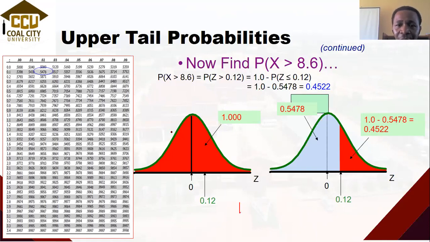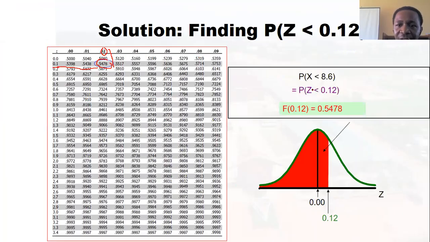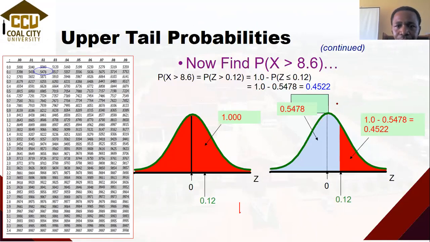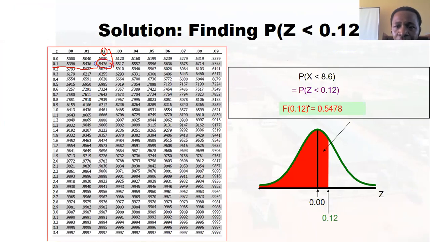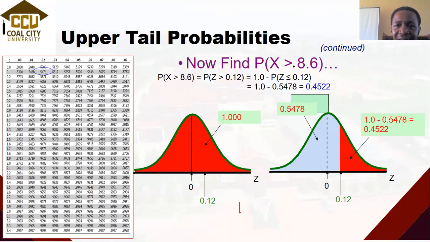and before now, we solved when it is less than 8.6, and we got a value of 0.12. If you can recall, we looked up the 0.12 on the standard normal table and got a value of 0.5478. So in this case, dealing with the probability that X is greater than 8.6, all you simply have to do is say 1 minus 0.5478.